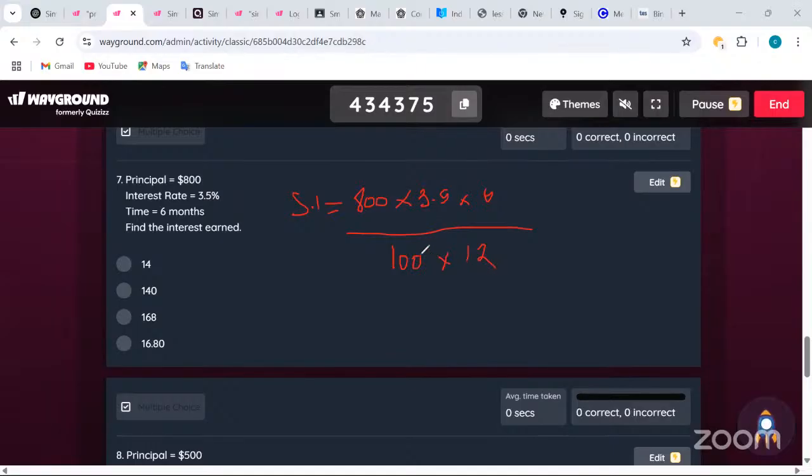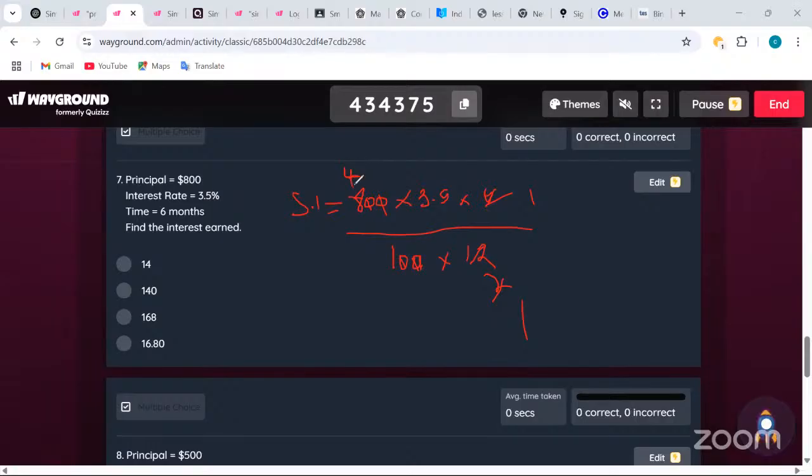From there, you can now cancel the zeros. We have 6 here, 6 here, 6 in 12 is 2. 2 here, 2 in 8 is 4.